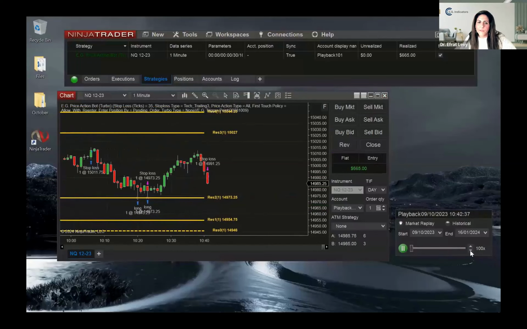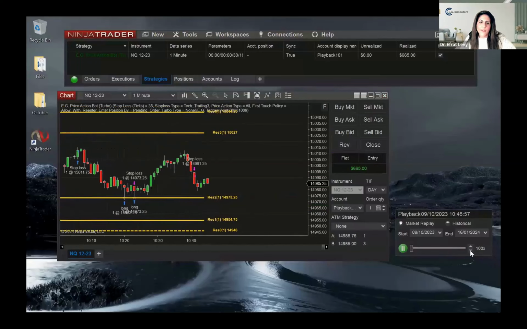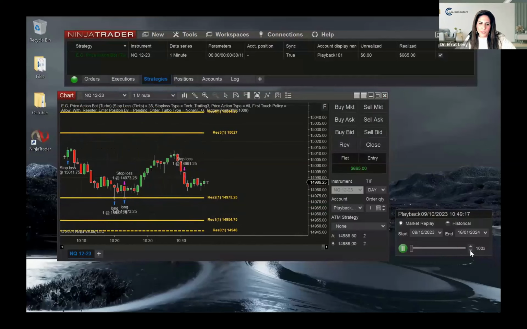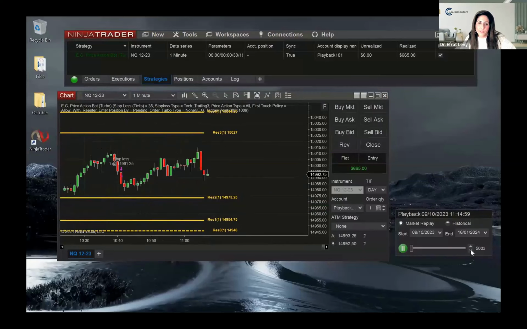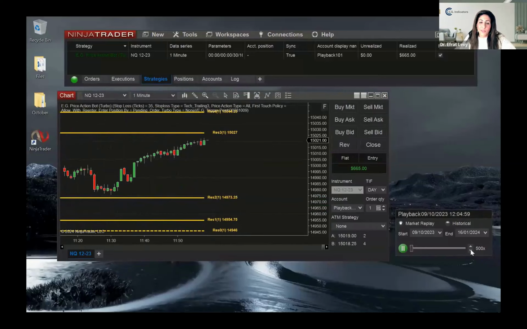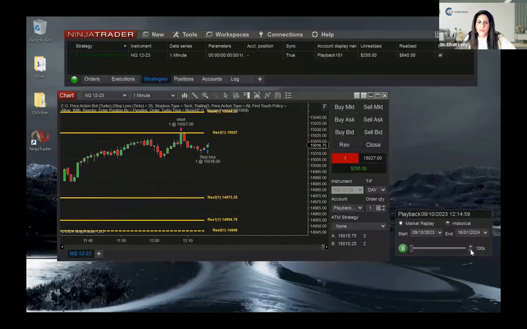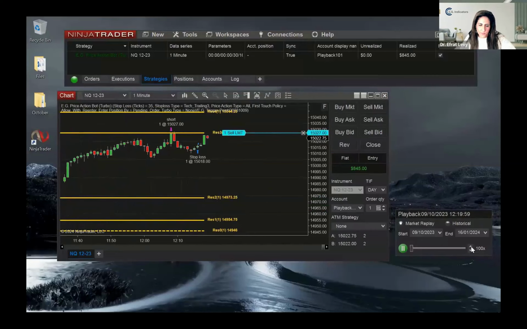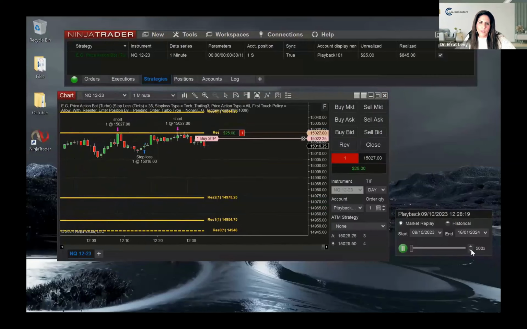Again, since the first touch rule is enabled, each time the market reaches the levels, it automatically trades reversal. All the levels below the price when the bot was started are considered as support, and all the levels above are resistance.